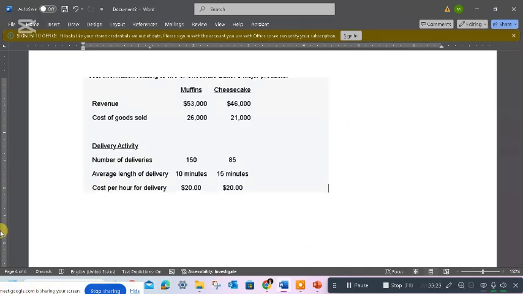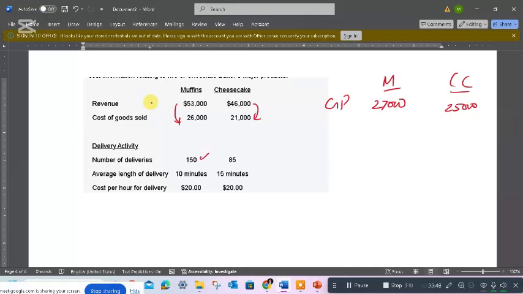Okay. So gross profit, I can take muffins and cheesecakes. 53 minus 26, 27,000. Gross profit 27,000. This one 46 minus 21, 25,000. Now let's see what we can do with this. Number of deliveries 150.